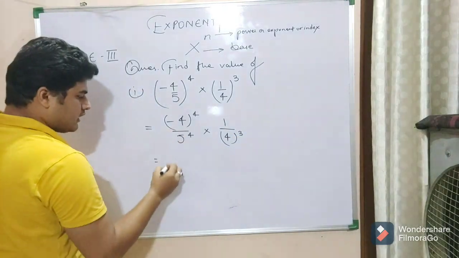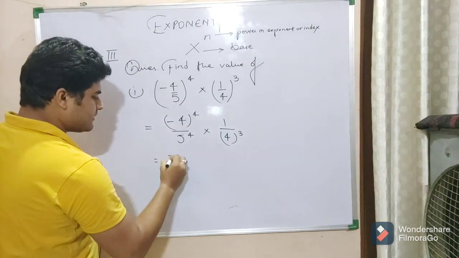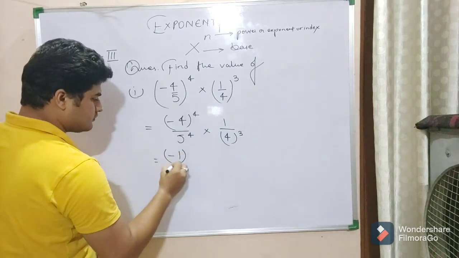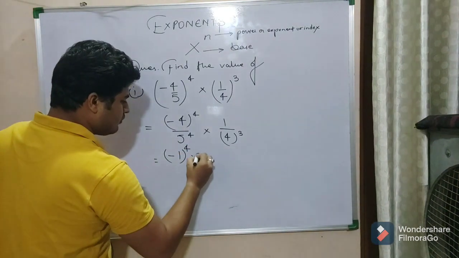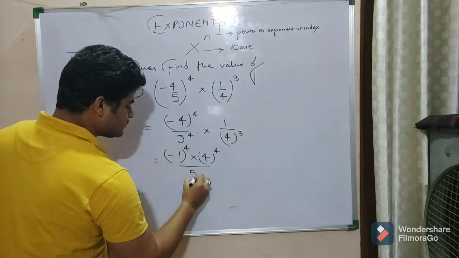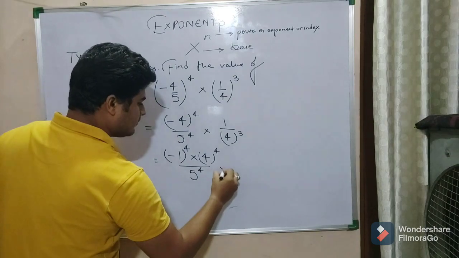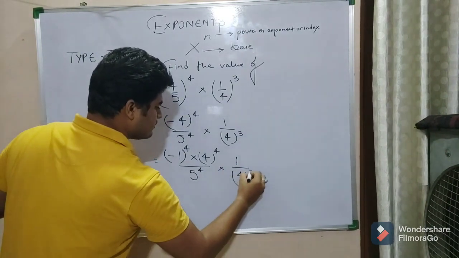Now -4 can also be written as -1 into 4. So -1 can be separated from it. So (-1) raised to the power 4 multiplied by 4 raised to the power 4 upon 5 raised to the power 4 multiplied by 1 upon 4 raised to the power 3.